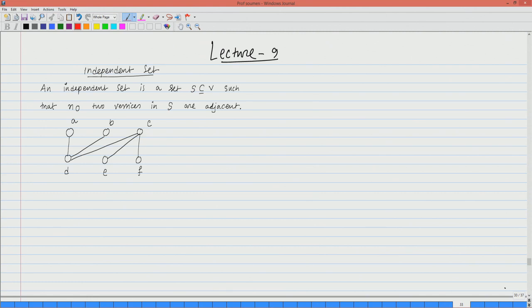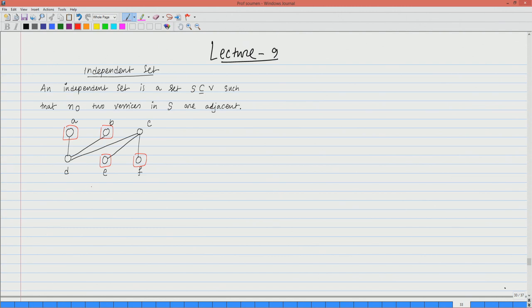And in this example, you can see that if I consider the vertices A, B, E and F, then these four vertices are not adjacent. There are no two of them adjacent.